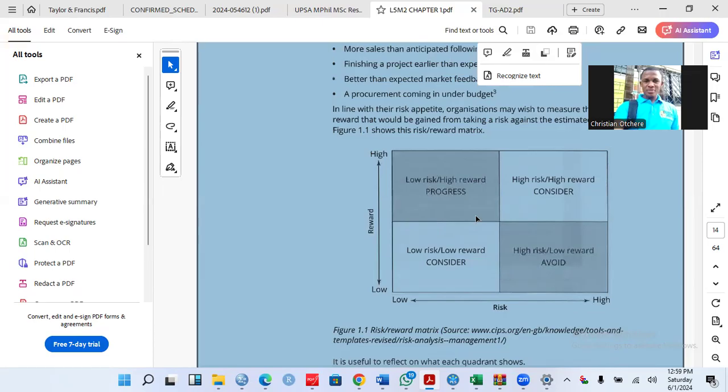So if you happen to find yourself in such a collaboration, your risk of dealing with that organization may be low, but your reward could be high at the end of the day, because the supplier may want to share their systems with you, especially if they see some potential in you becoming, let's say, a core buyer. They can share their systems with you. They can help you or develop you to get to where they want you to be, or become a core customer. So in that regard, you can progress.